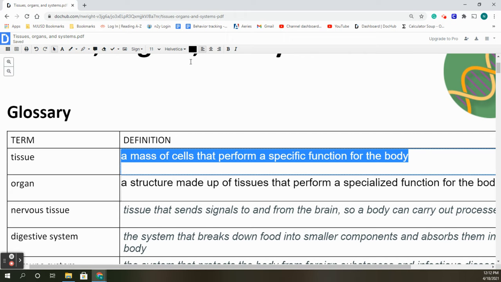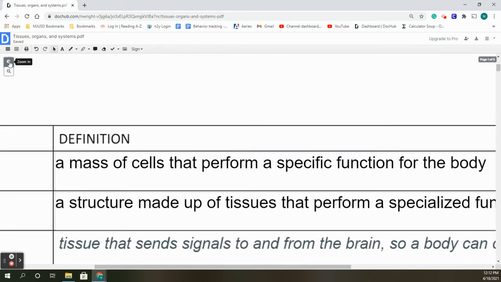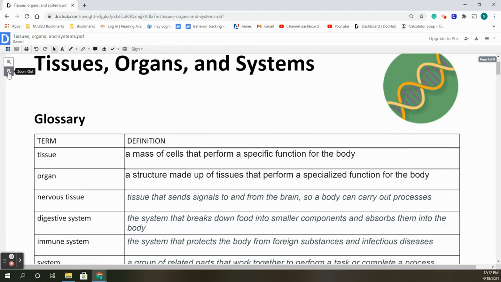Let me zoom out just a smidge. Whoops. Organ, a structure made up of tissues that perform a specialized function for the body. Nervous tissue, tissue that sends signals to and from the brain so a body can carry out processes.